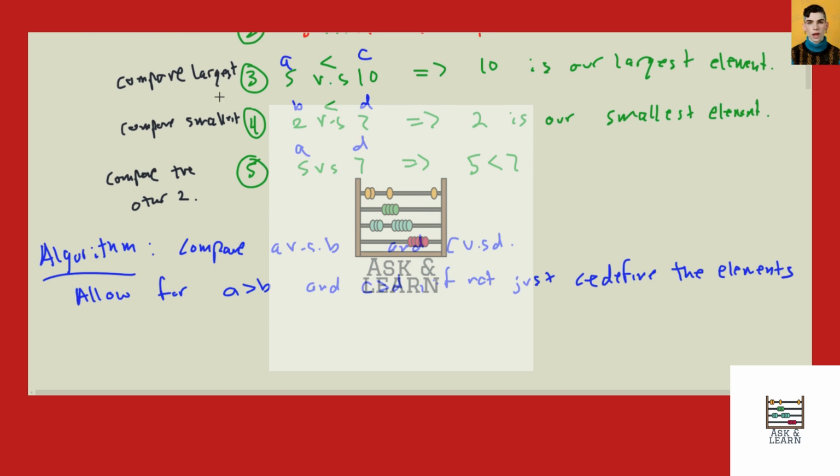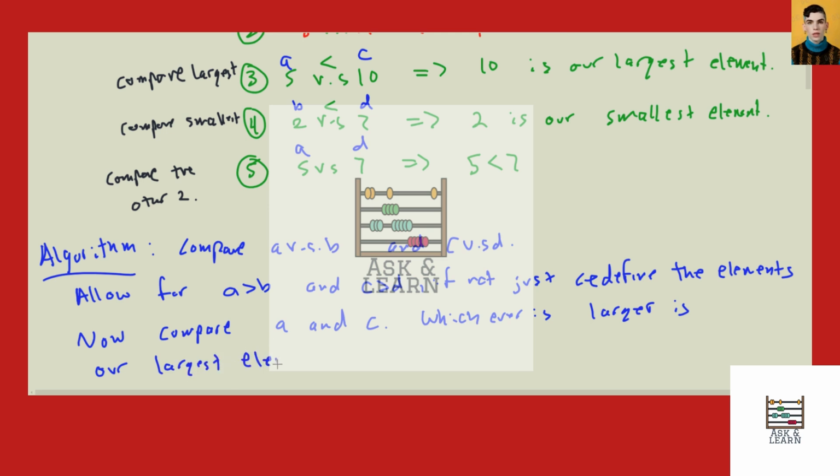All right, so now for our third one, compare A and C. Whichever is larger is our largest element.